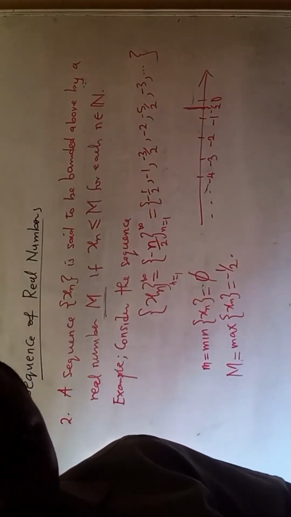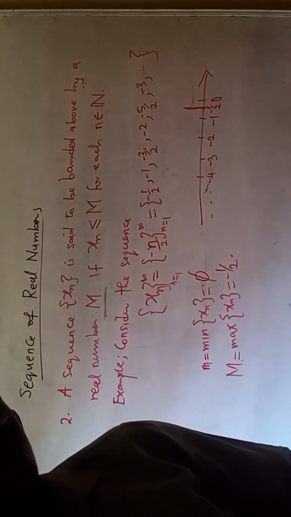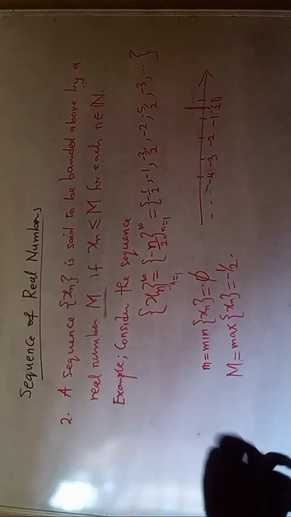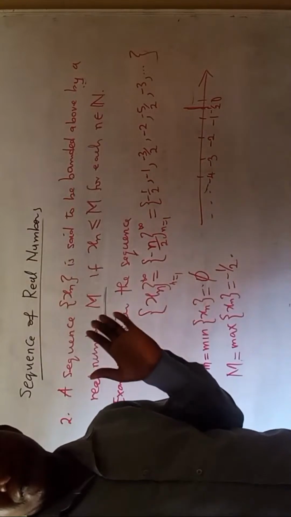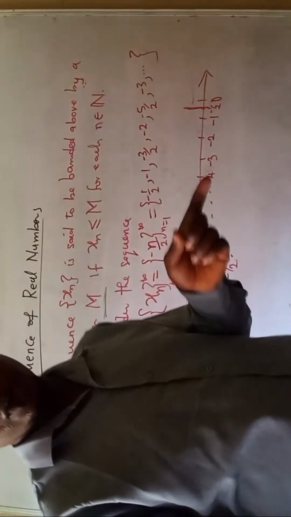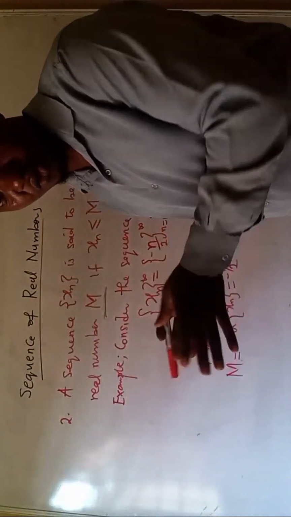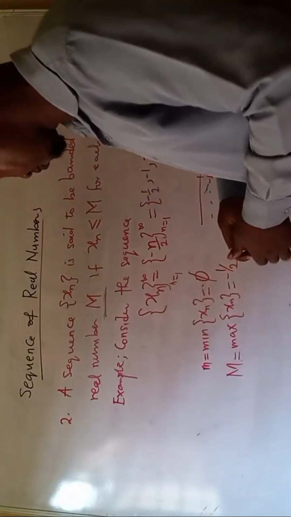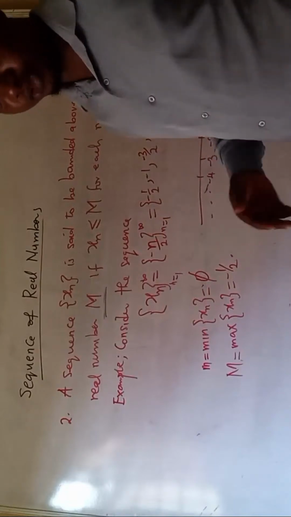Yes, WinJobbies has already said that the minimum is empty, while the maximum is -1/2. Yes, that's correct. Because of that, this sequence is bounded above by -1/2. You can conclude, therefore, that this sequence is bounded above but not below.